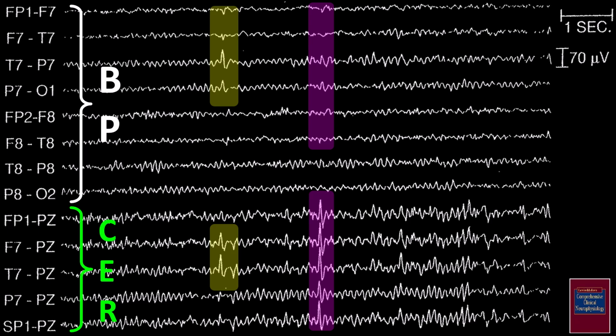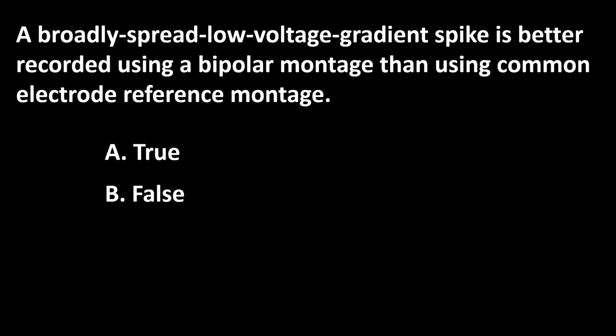Anyway, remember that if a similar potential is coming into input 1 and input 2 of a differential amplifier, the potential will be wiped out. So the answer to this question is false.